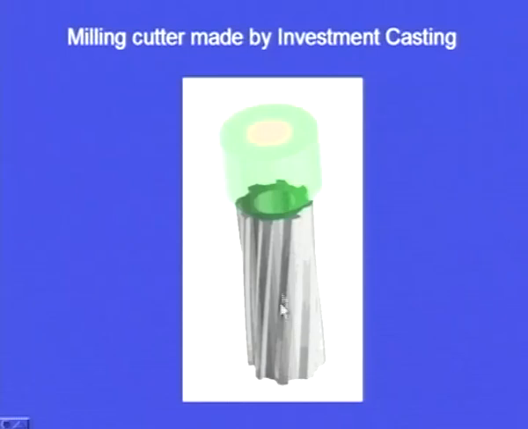So, we do not want any irregularity, we do not want any extra projection, we do not want any extra material. So, this milling cutter is made by investment casting, by which we get the highest dimensional accuracy, we get the highest surface finish. So, no need to machine it, we only sharpen it before use.